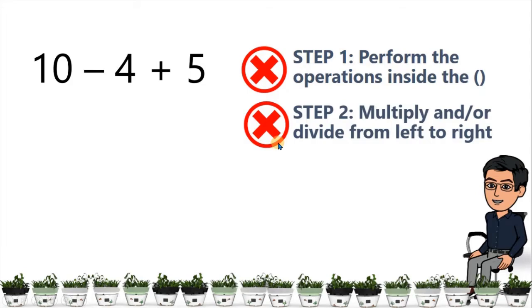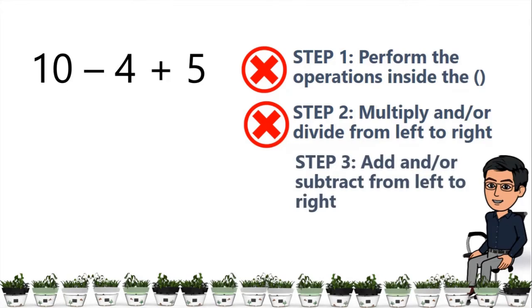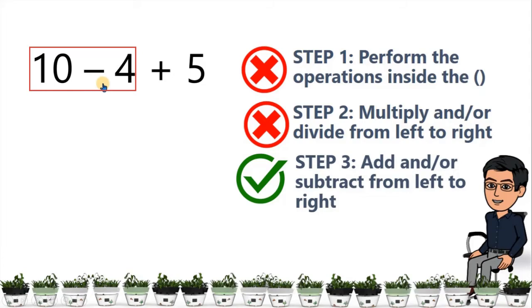Now, let's proceed to step number 3. Step number 3, add and or subtract from left to right. Do we have addition and subtraction in our problem? Yes. So that means step number 3 is a yes. And what do we do now? We have to work from left to right. So therefore, we have to subtract first before we add.